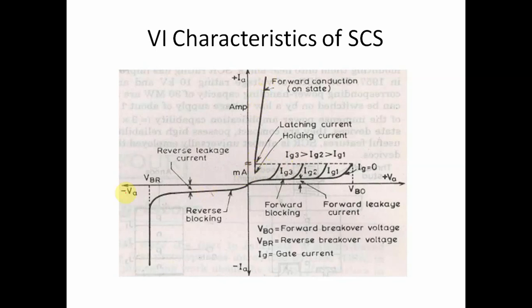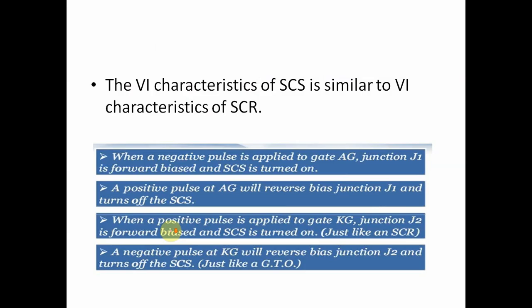This is the reverse breakdown voltage: as the reverse voltage increases, the reverse current increases by a small amount. If the reverse voltage reaches the reverse breakdown voltage, the current increases rapidly. The VI characteristics of SCS are similar to the VI characteristics of SCR.